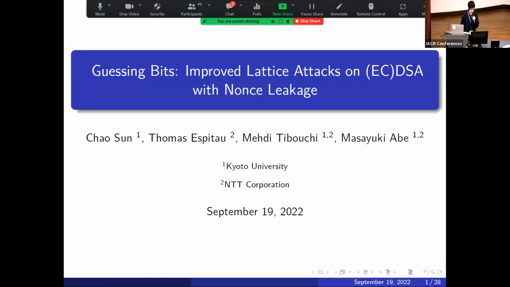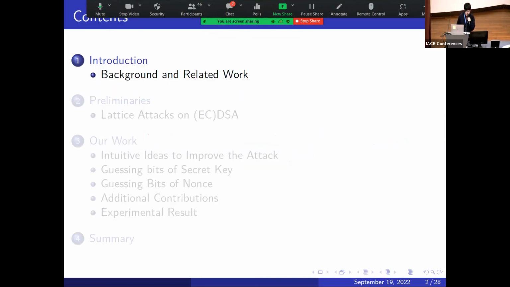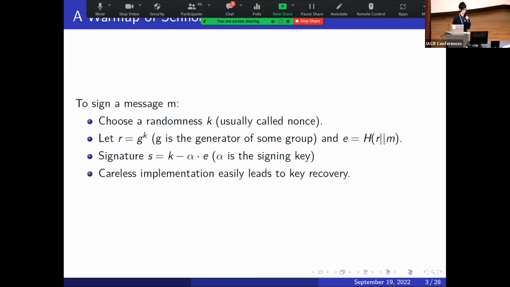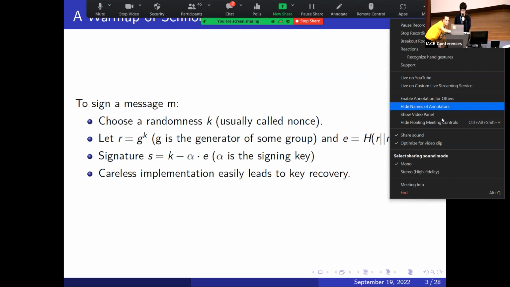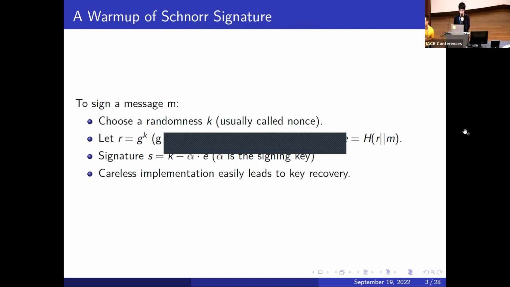Okay, thanks for the introduction. This is joint work with Thomas, SP, and my advisors, Mehdi Tibushi and Masayuki Abe. To start with, here's a roadmap of the signature. To sign a message, first we choose a random K, which we call the nonce, and let R equal G to the K, where G is the generator of some group, and E equals the hash of R concatenated with the message.